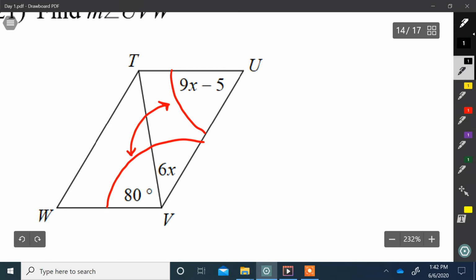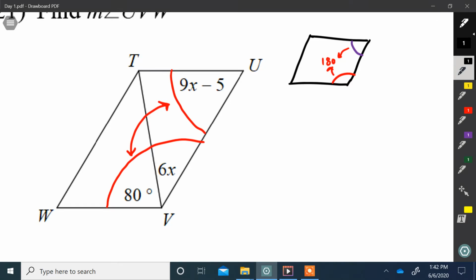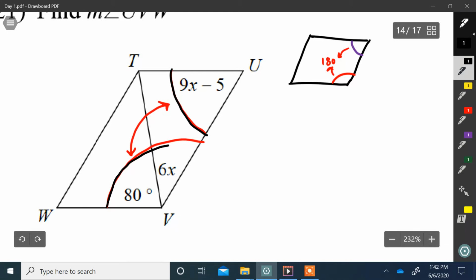Remember, when you have a parallelogram, this plus this has to add up to 180. That's exactly what's going to happen here. This angle here plus this whole angle has to add up to 180.